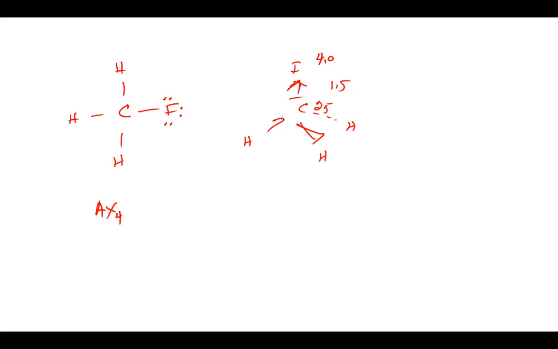And then again, carbon being slightly more electronegative than hydrogen, the electrons are spending more time around carbon than the hydrogen. So overall, these arrows are all pointing in an upward direction, like so. And when we see an overall resultant vector force moving in a particular direction, that molecule is polar.